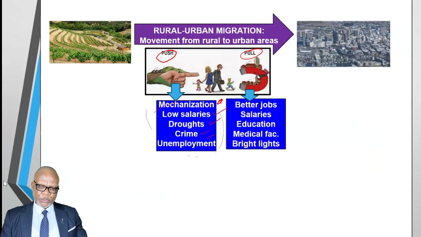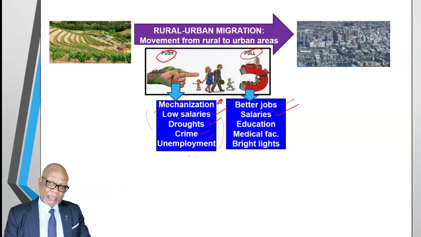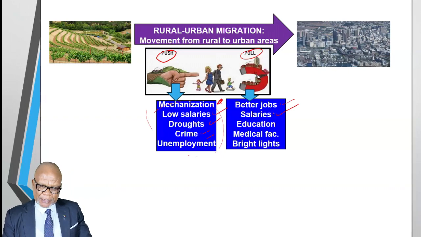Okay, let's move on. Now, your pull factors must have a description. Remember, I am doing slides, so slides must be just short. Better job opportunities. You cannot just say salaries, because people here also have salaries, so it must be better salaries.